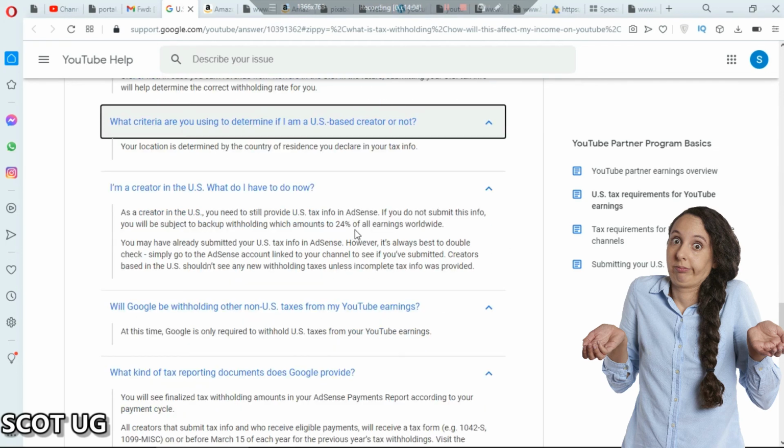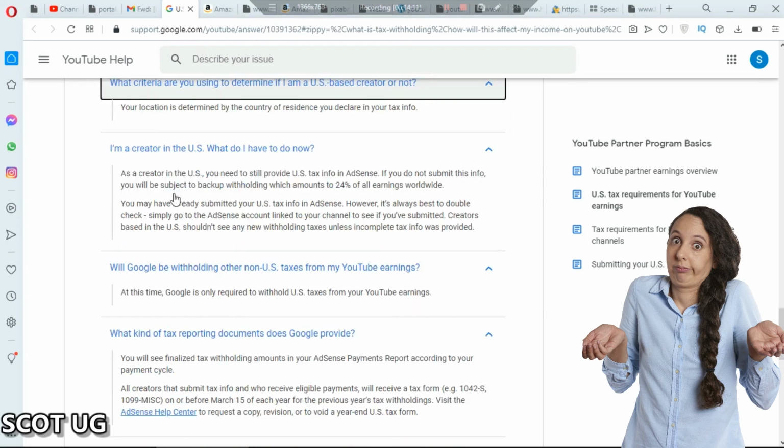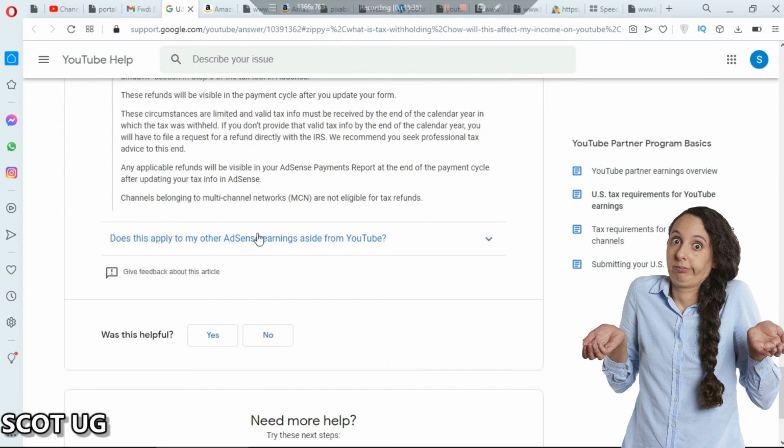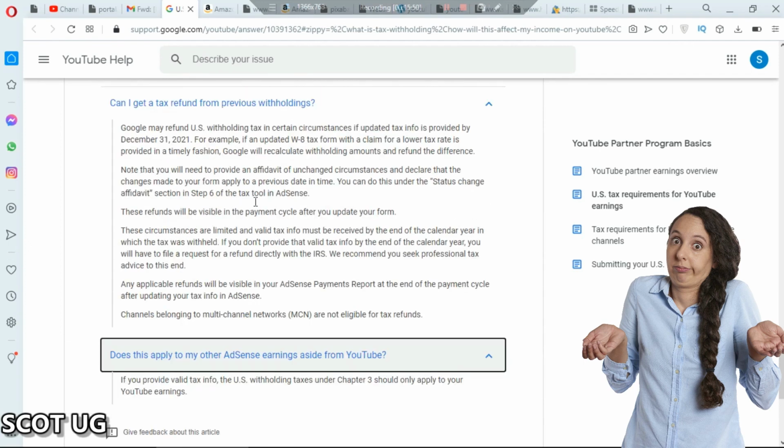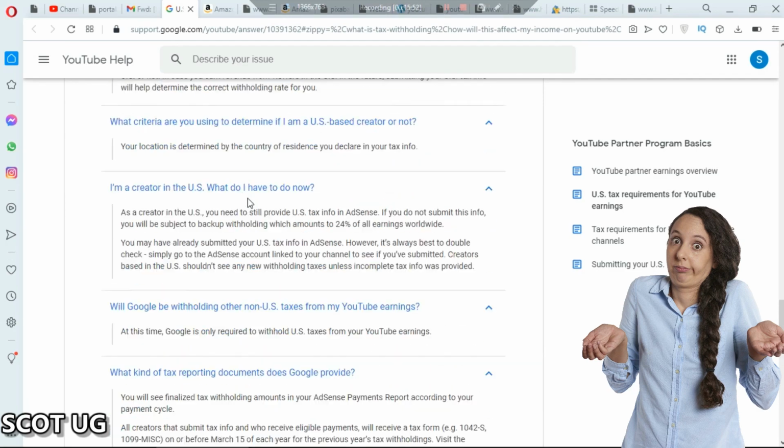So automatically that declares that your channel isn't based in the US. Does this apply to my AdSense earnings aside from YouTube? If you provide valid tax info, withholding taxes under Chapter 3 should be applied to your YouTube earnings only.